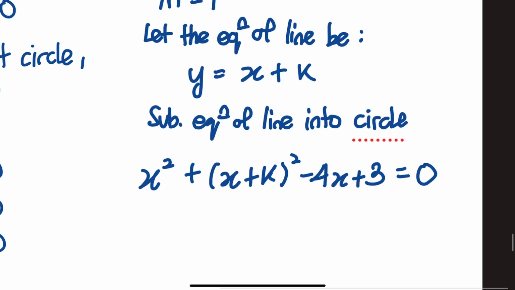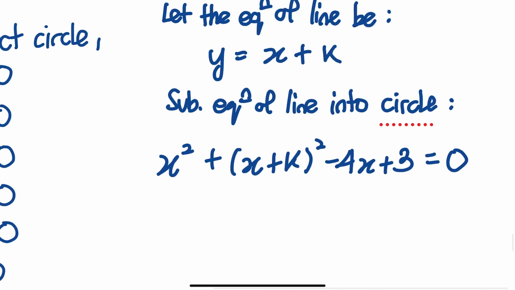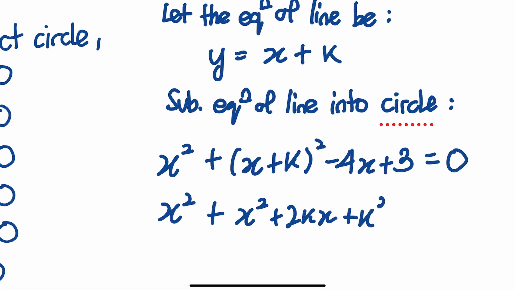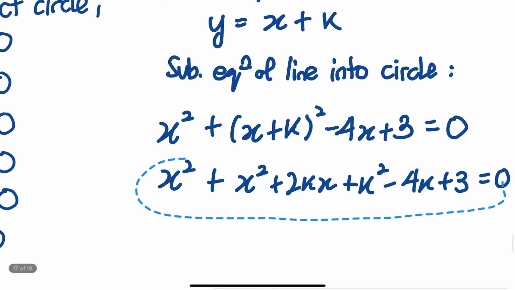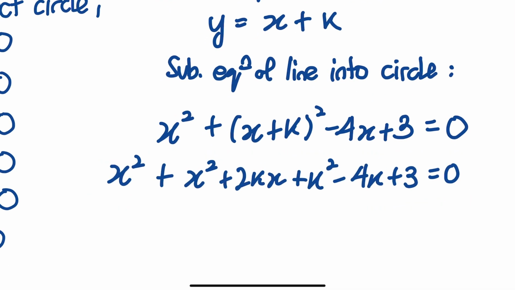Then I expand and simplify from here. x squared plus 2kx plus k squared minus 4x plus 3 equals 0.